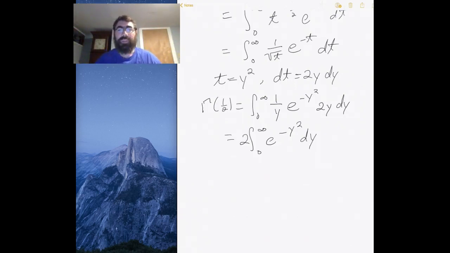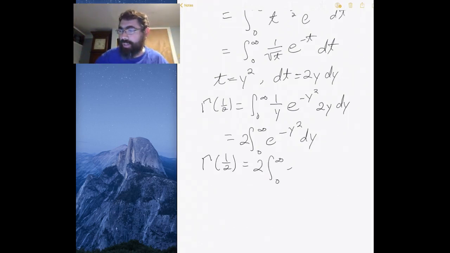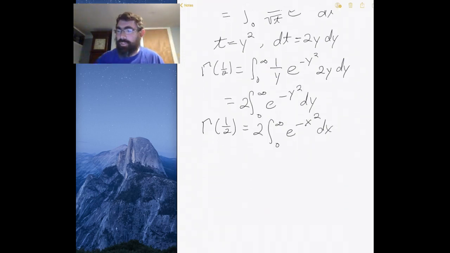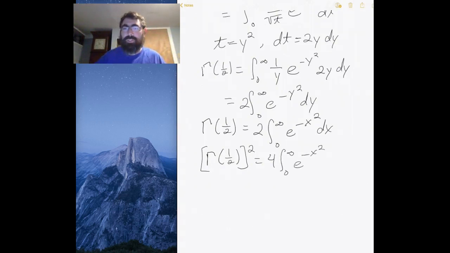So why don't we write down our gamma function of 1/2 as 2 times the integral from 0 to infinity of e to the minus x squared dx. That would be the same thing, but if we multiply those two together, I get gamma 1/2 squared, which gives me 4 times the integral of 0 to infinity e to the minus x squared times e to the minus y squared dx dy.